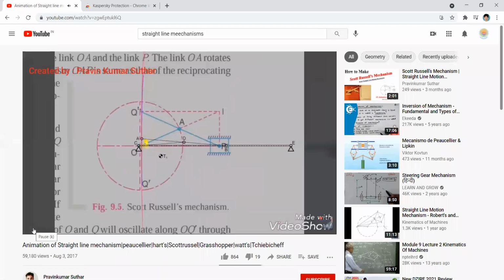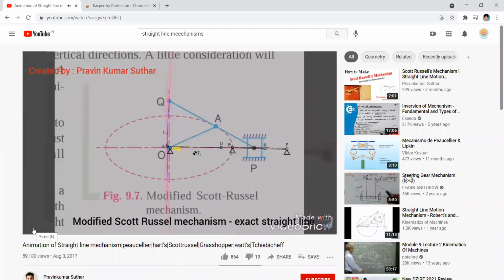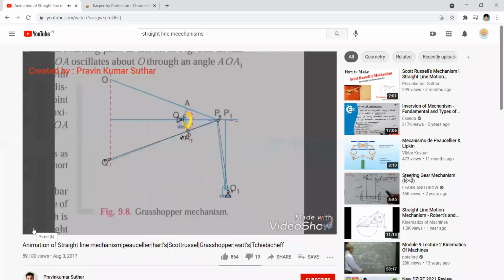Next one, the Scott-Russell mechanism. How many links are used and how the straight line motion is attained. All of you observe which links are fixed and which links are movable. All the things are visible and watchable here. That is the modified Scott-Russell. Watch the video, it is very important.